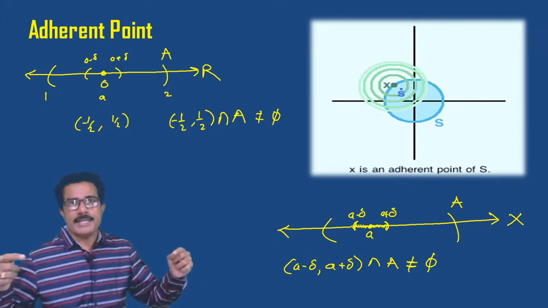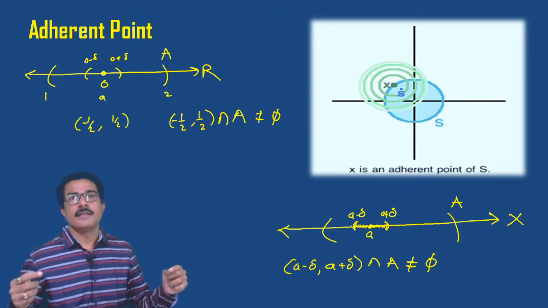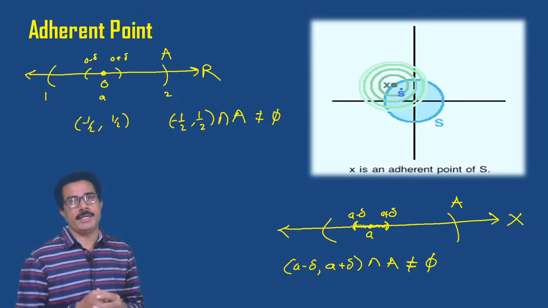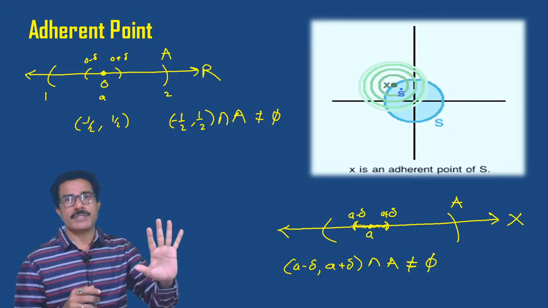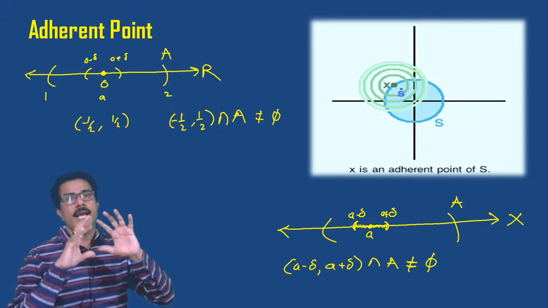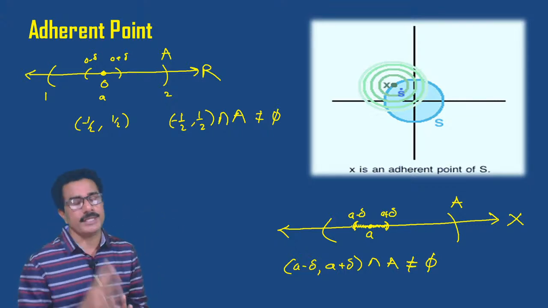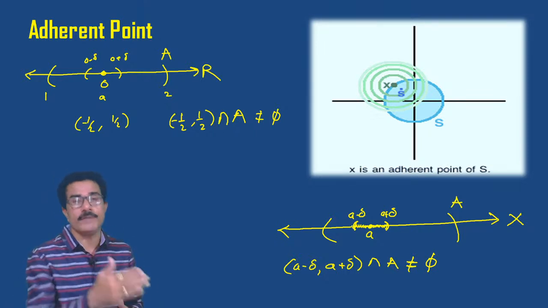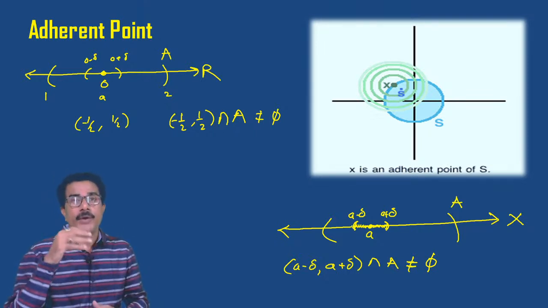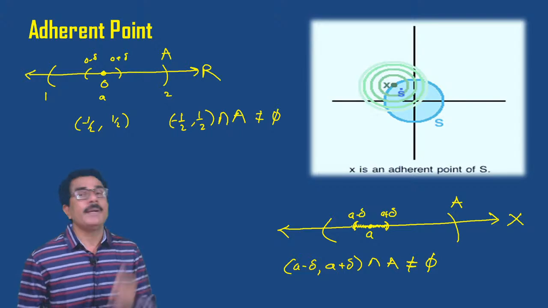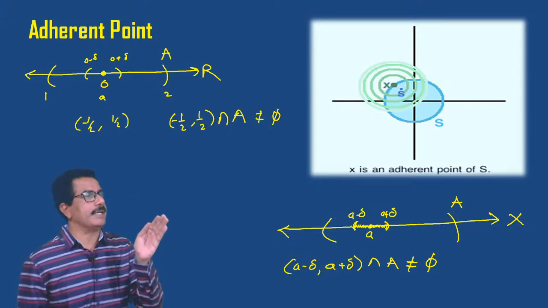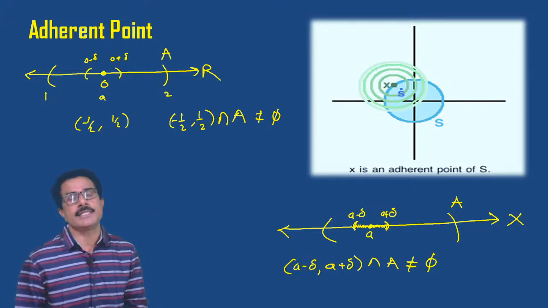Actually real line means one-dimensional geometry, plane means two-dimensional geometry, and metric space requires three-dimensional geometry. That means we have to define this adherent point by using a sphere. But you should know how an adherent point is defined on the real line.